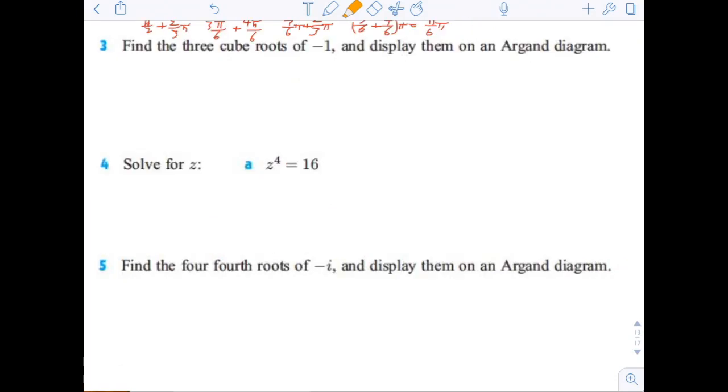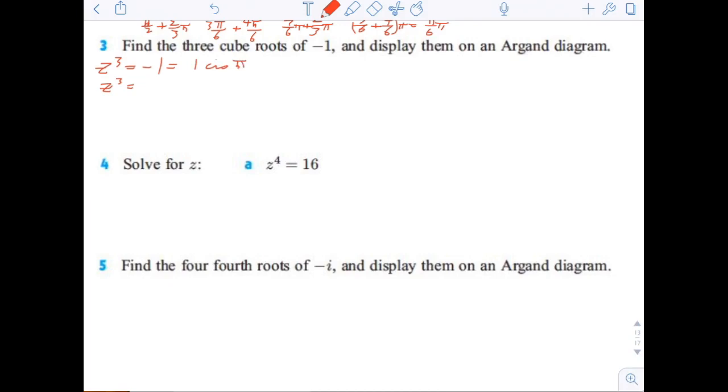Find the cube roots of -1 and display them on an Argand diagram. So that would be z cubed equals -1. So remember that -1 is equal to 1 cis pi.